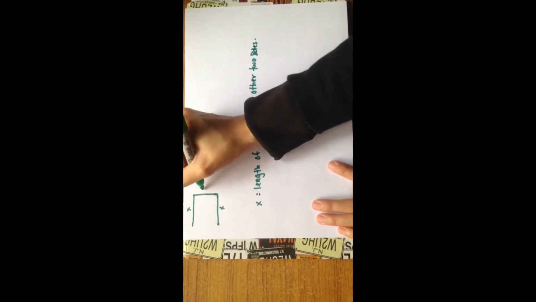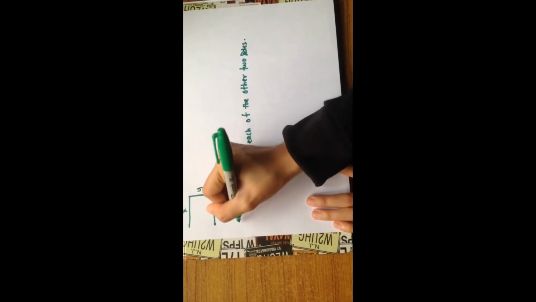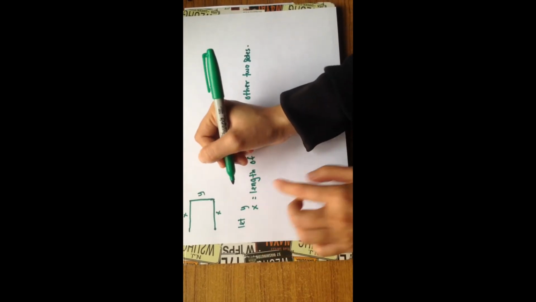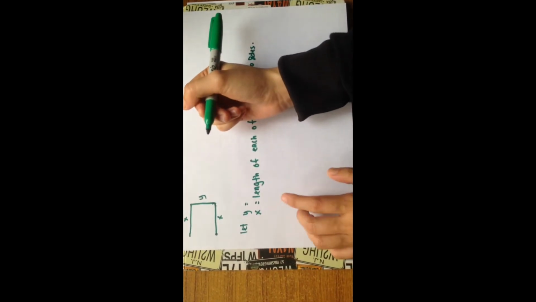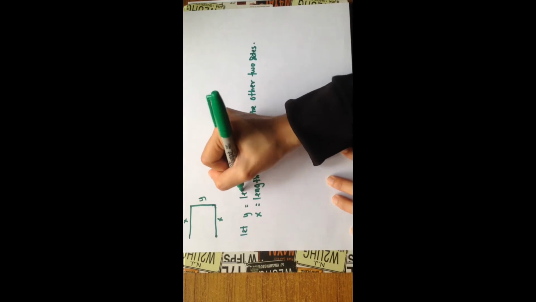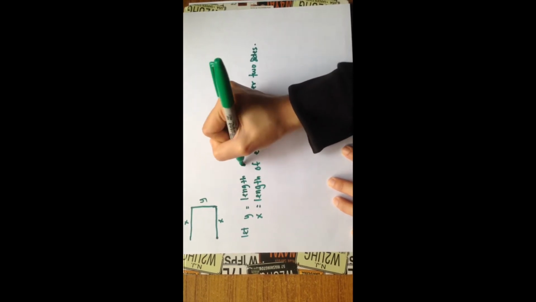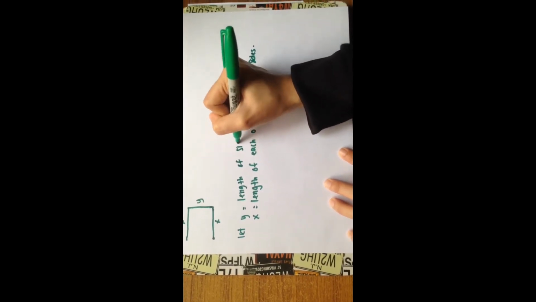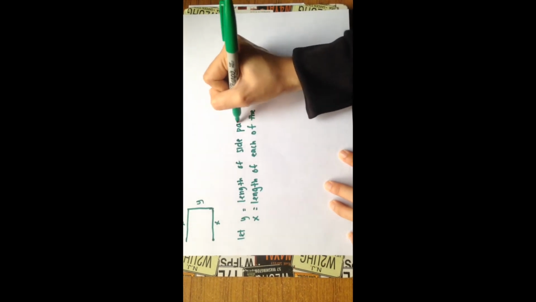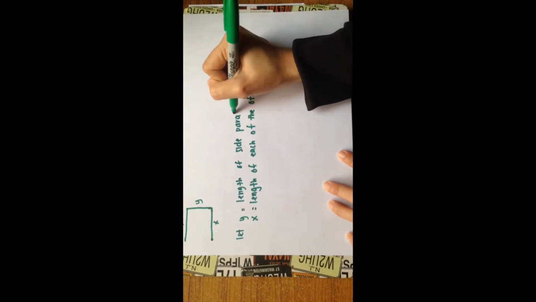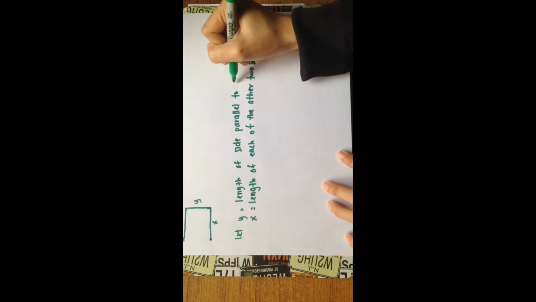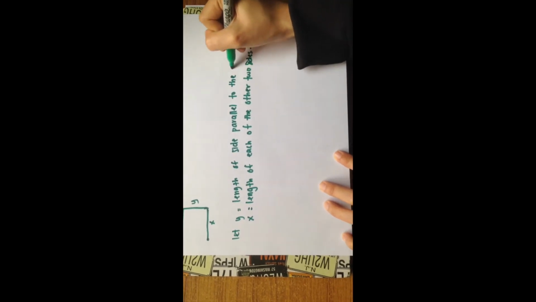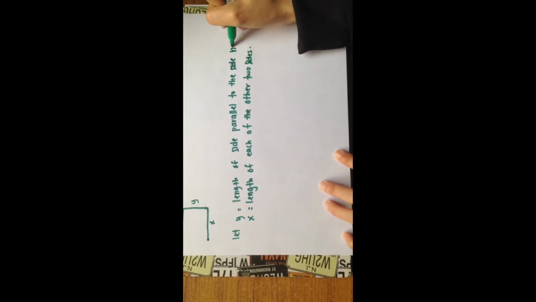And this one is equal to y. We let y be the length of the side parallel to the side where there is no fence.